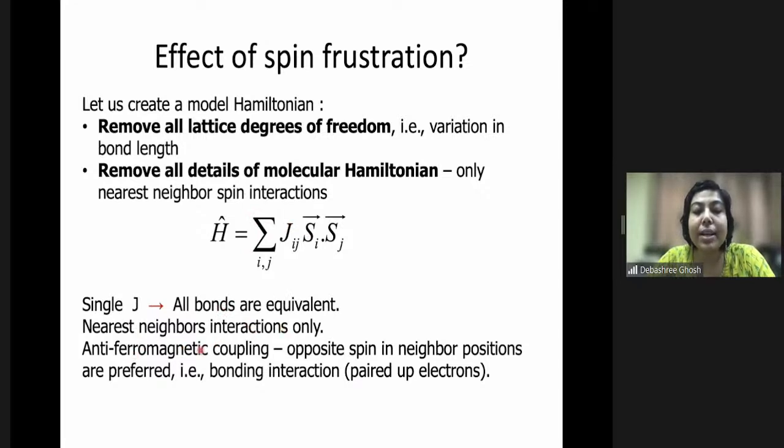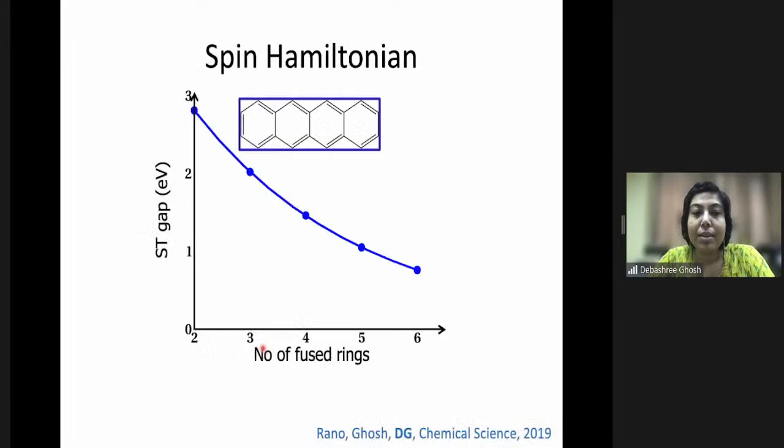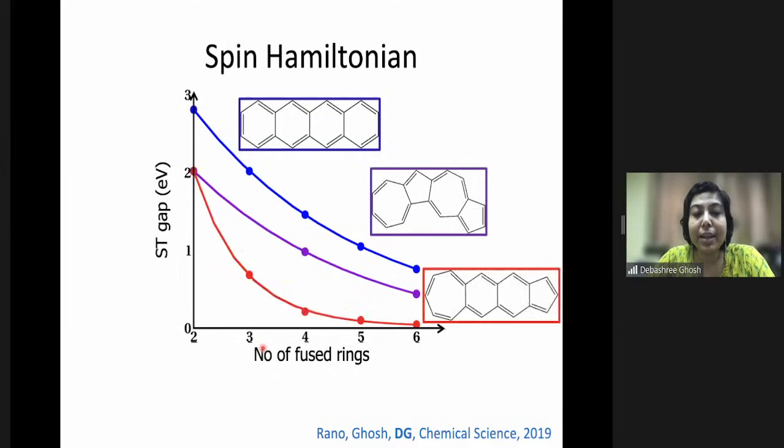And because they're antiferromagnetically coupled, it's like the paired up spins that we see in quantum chemistry. With those model Hamiltonians, which we had parameterized, we did the calculation for these same systems, but now with the model Hamiltonian.